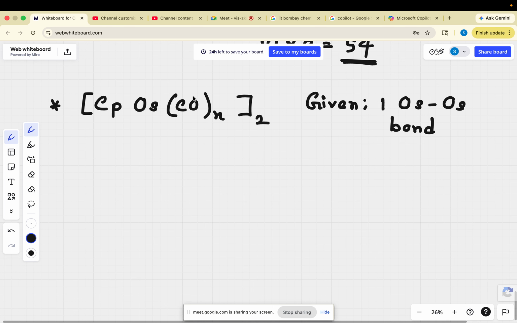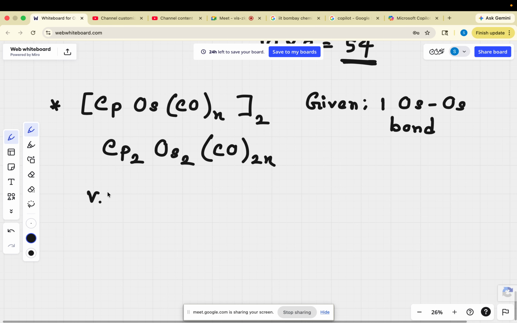Done. So here they are asking how many CO you are taking. First of all find out the valence electrons. Cyclopentadienyl will have 5 valence electrons. Sorry, you have whole 2, so you can write Cp2 Os2, and it will be CO whole 2x.